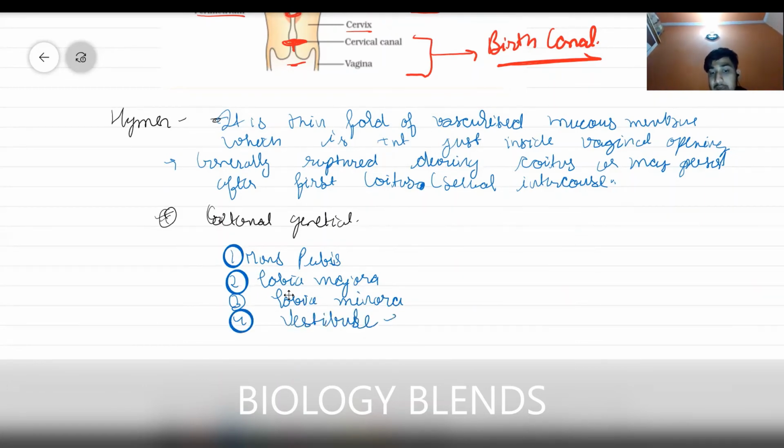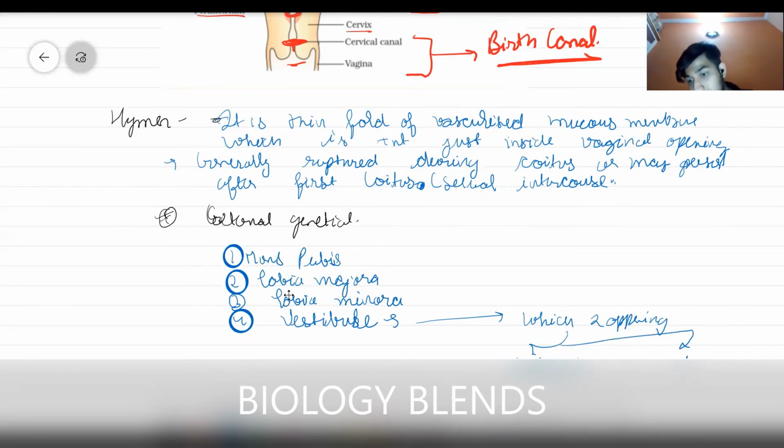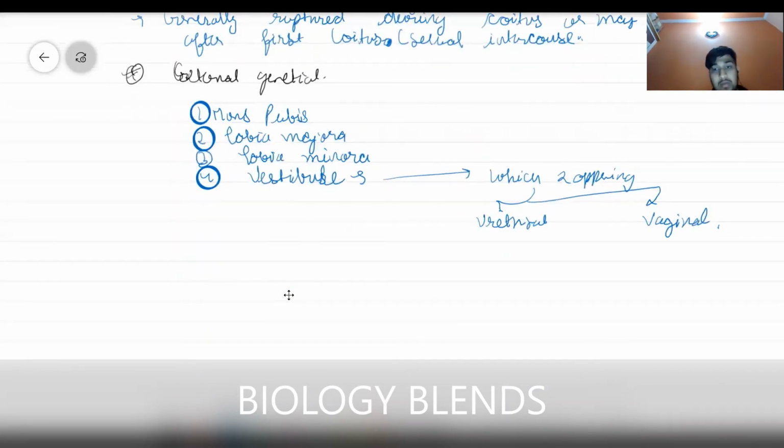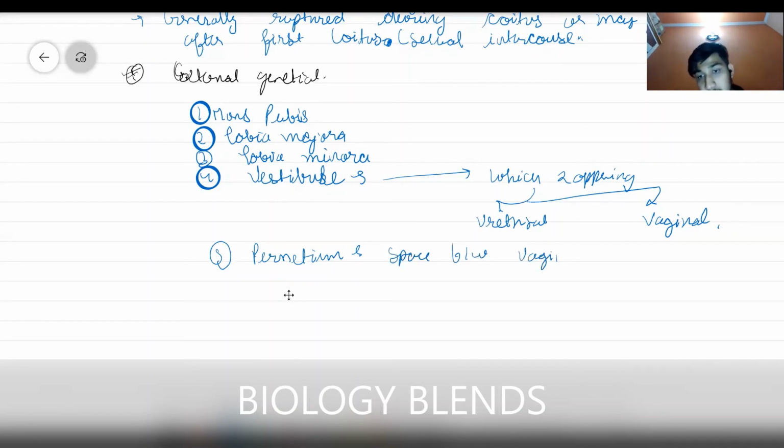Vestibule is the area which has two openings, urethral and vaginal. Fifth is the perineum. It is the space between the vaginal opening and anus opening.